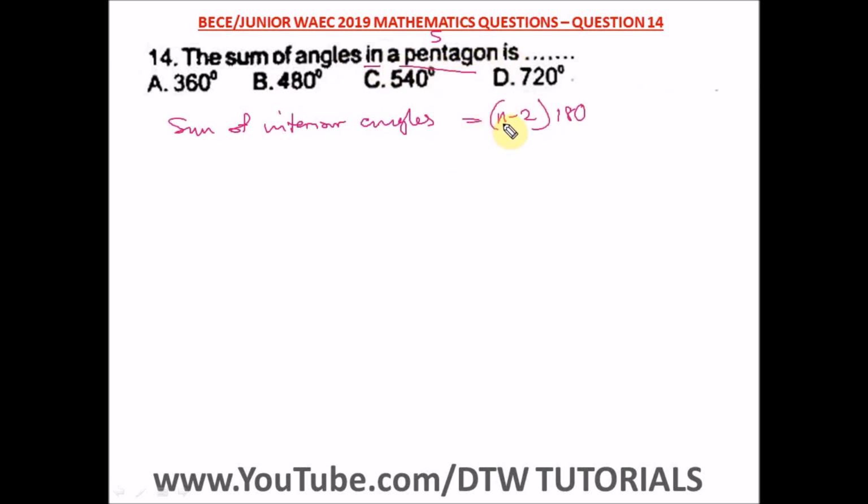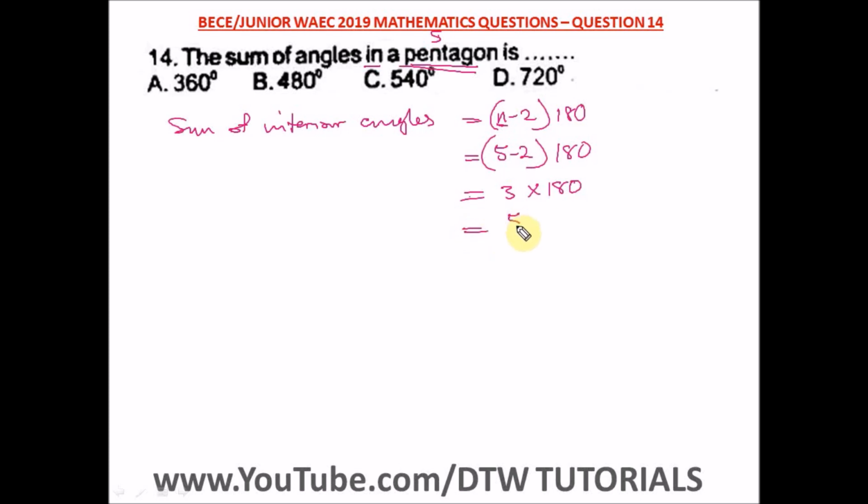So definitely we know N, where N is the number of sides of the polygon, and this polygon, which is the pentagon, has 5 sides. So all we need to do is just put 5 here. 5 minus 2 bracket 180. And what is 5 minus 2? That will give us 3 times 180.